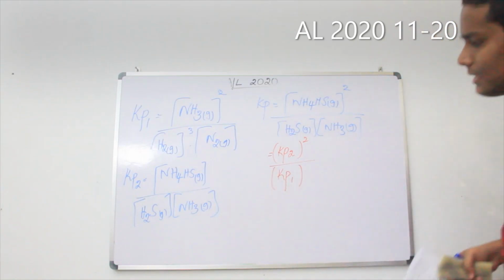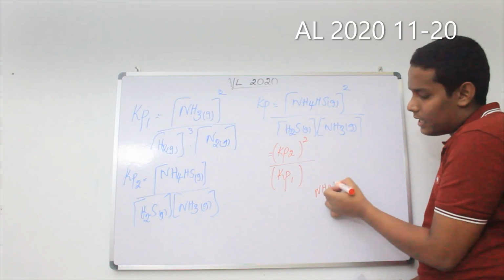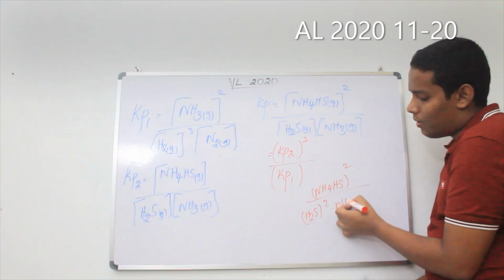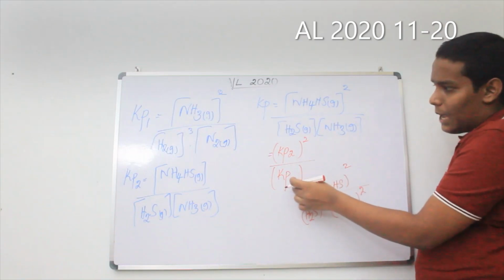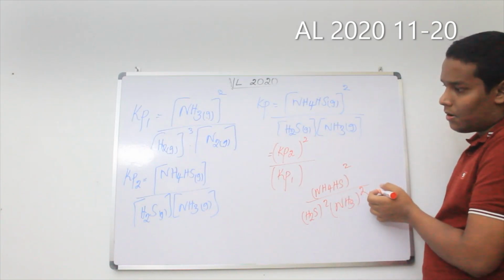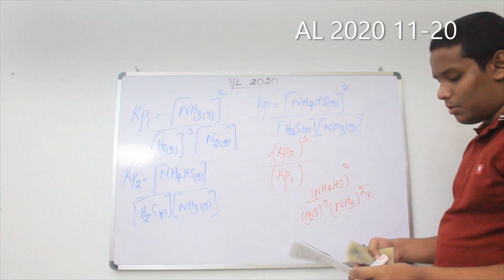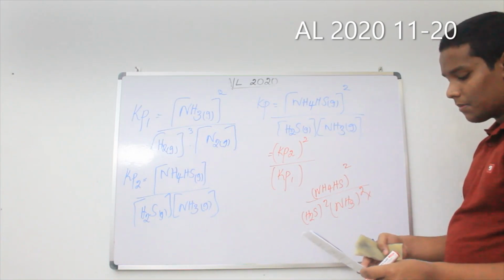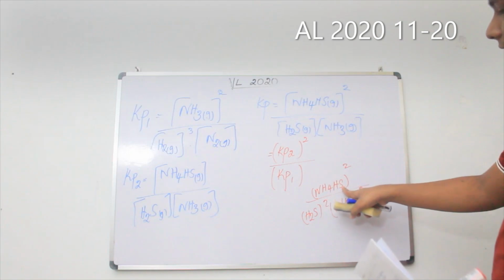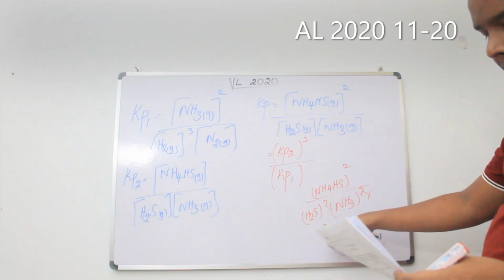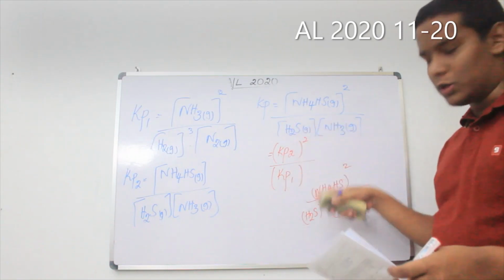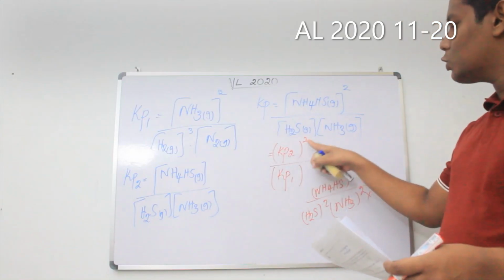So then what will happen? Look at this. Instead of Kp2 I can write NH4HS squared divided by H2S squared into NH3 squared. For Kp1 it should come down, no? For Kp1 it should be down. Okay, yeah, correct. NH4HS squared divided by H2S squared into NH3 squared. Now that one comes for this particular process when I substitute Kp2 squared.